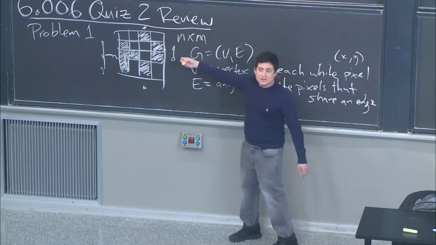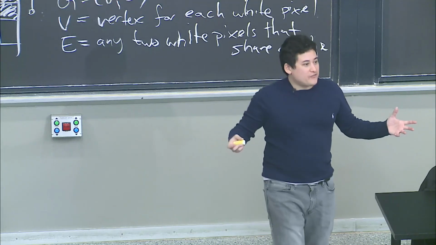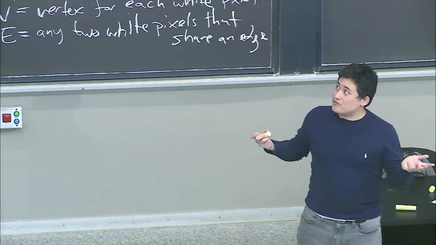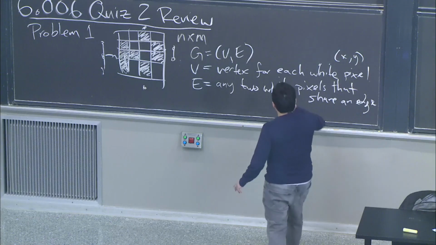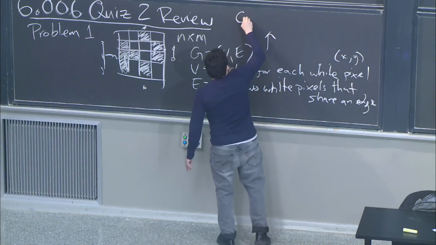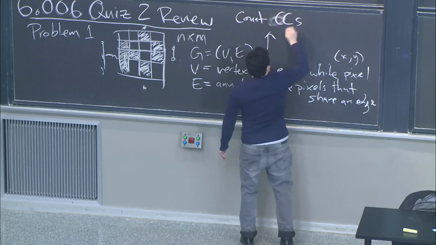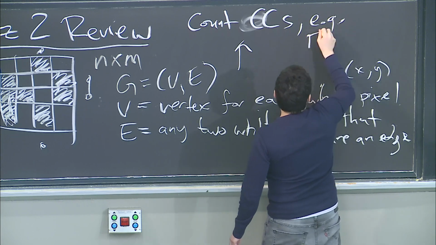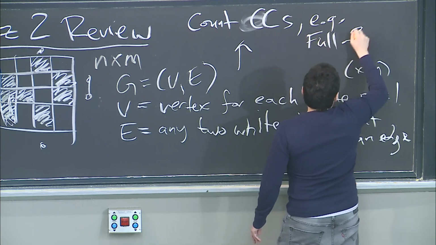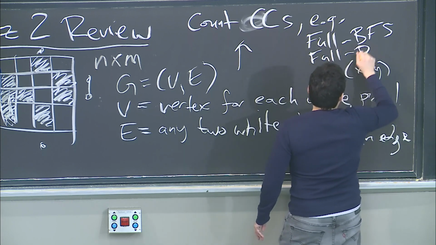And then we can run full BFS or full DFS. We've identified a graph. We've identified that we want to count the number of connected components in my graph. So the idea is to count connected components, and then, for example, use full BFS or full DFS, right?